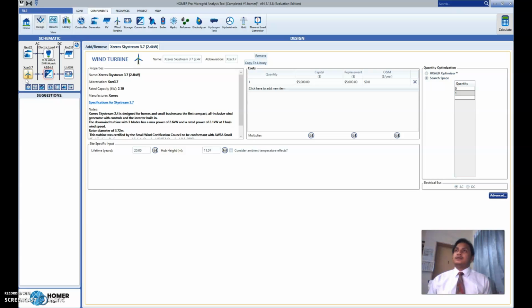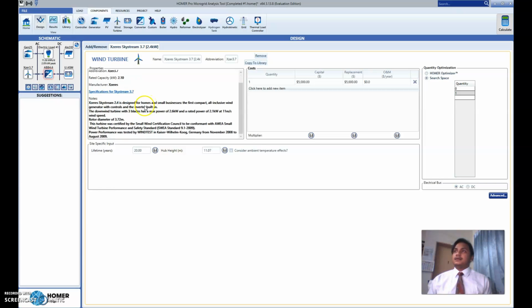In our simulation, we will use the Xzeres Skystream 3.7 wind turbine that has a capacity of 2.1 kilowatt, and at maximum it has a capacity of 2.4 kilowatt. This wind turbine is designed for home and small business.